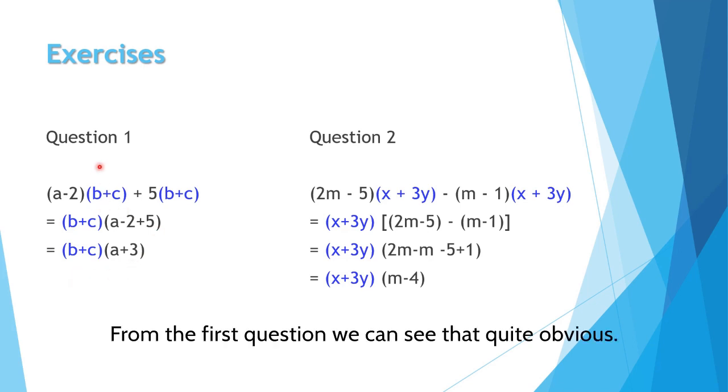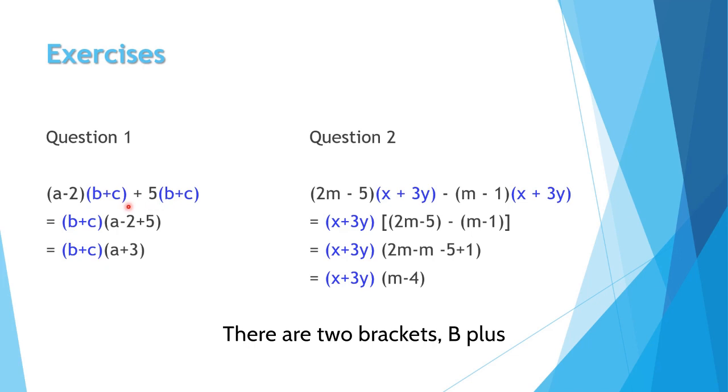From the first question, we can see quite obviously there are two brackets, b plus c are obviously the common factor. So we can just take out b plus c, and then all the rest will be in another bracket. So minus 2 plus 5 is plus 3. So this should be the final answer.